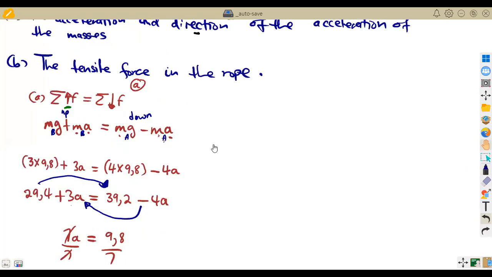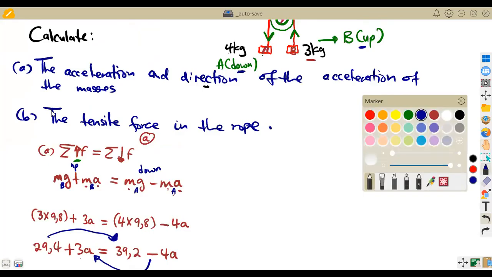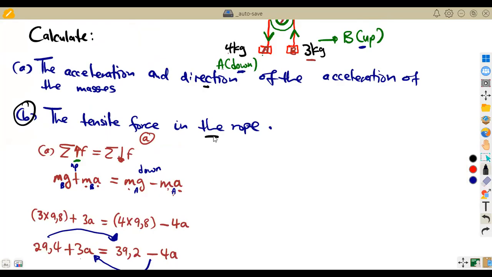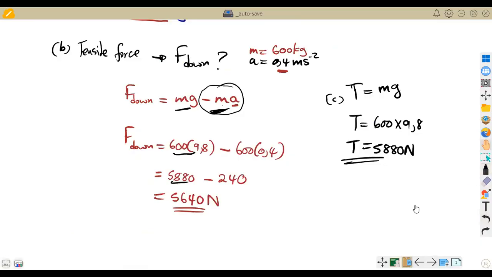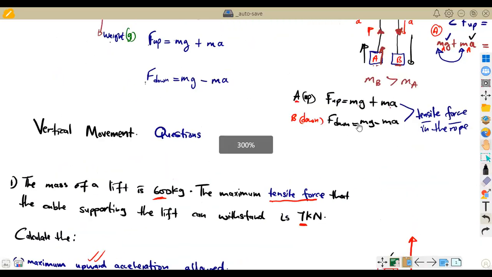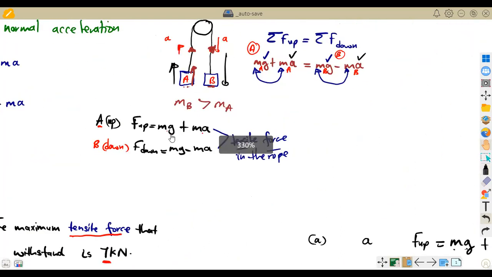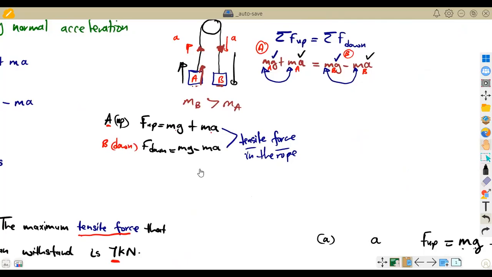Let's see the other part now. They are asking on the B part. On the B part, what are we given now? The tensile force in the rope. If you consider what I said about this tensile force, it can be taken in two ways: from force F going upwards or F going down.